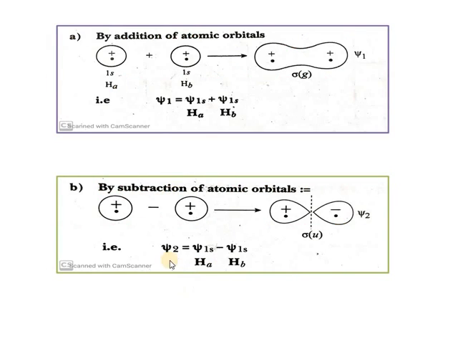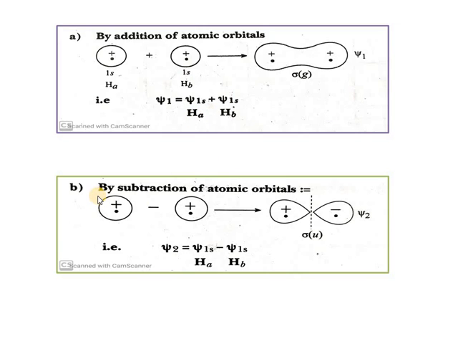So the first wave function psi1 forms by addition of the 1s of Ha and the 1s of Hb, giving a sigma g molecular orbital with similar sign: psi1 is equal to psi 1s of one hydrogen plus psi 1s of the other hydrogen.